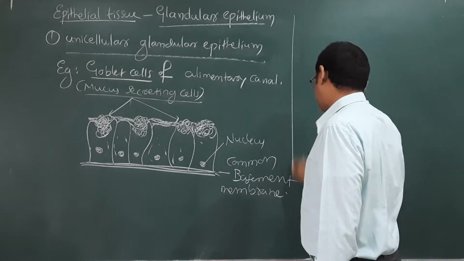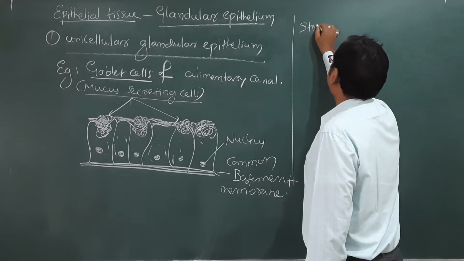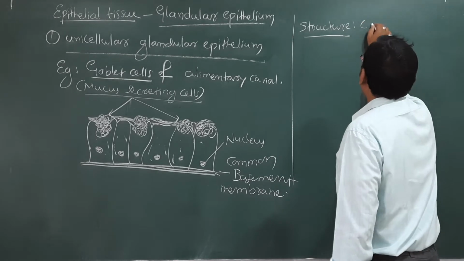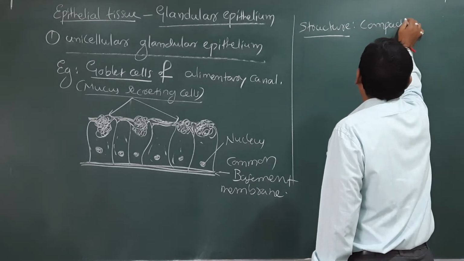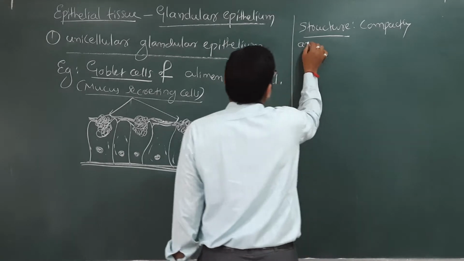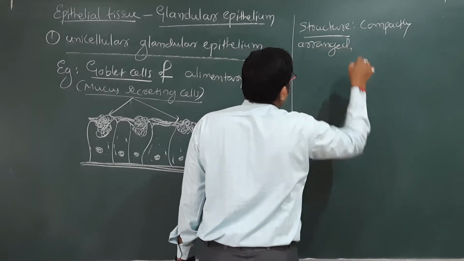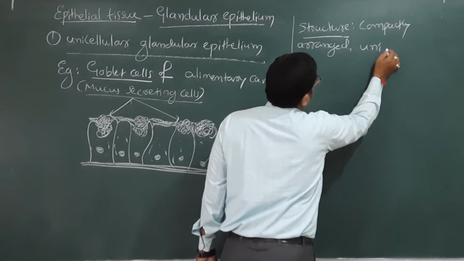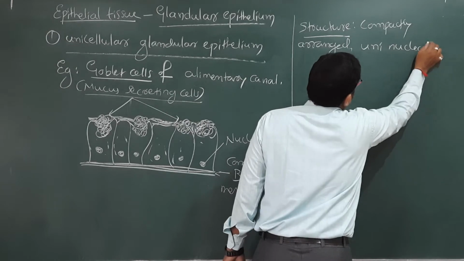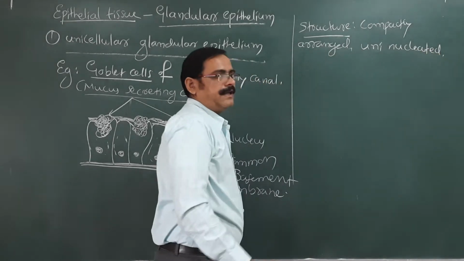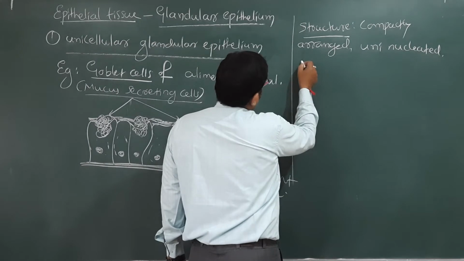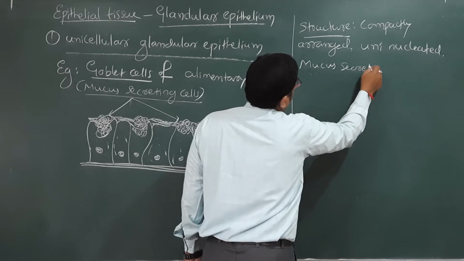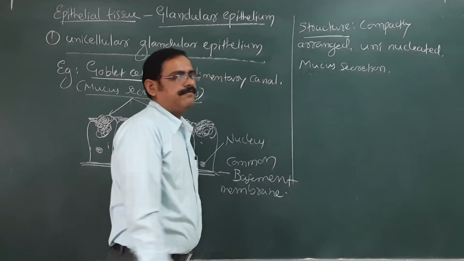By structure, the cells are compactly arranged and uninucleated, meaning single nucleus, and they exhibit the presence of mucus secretions.